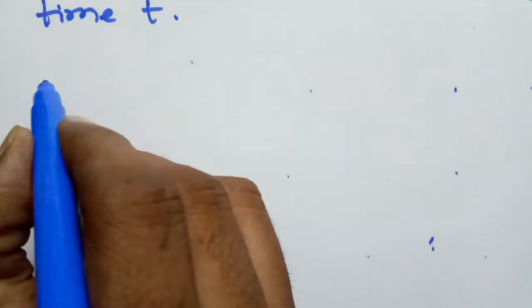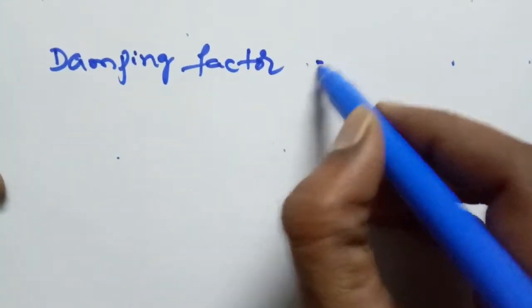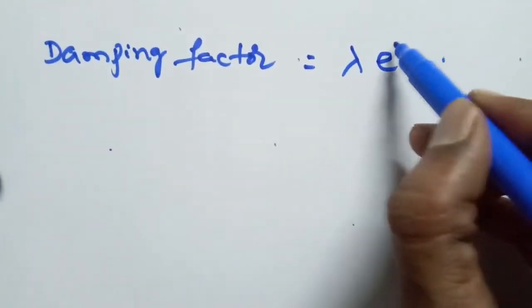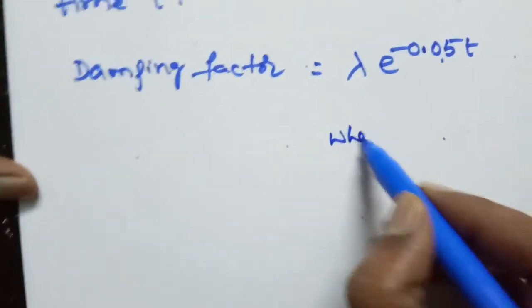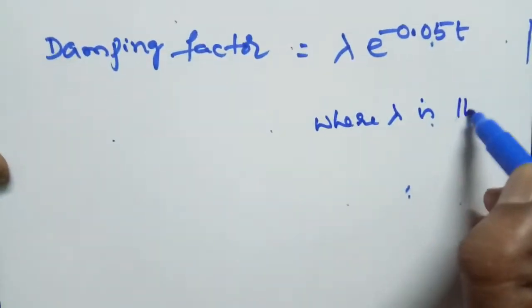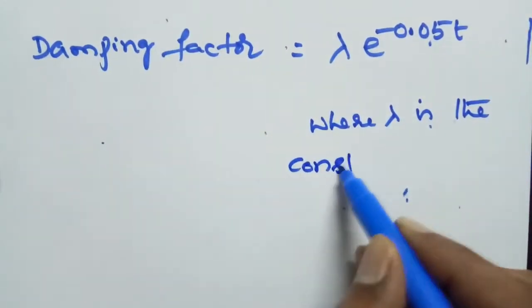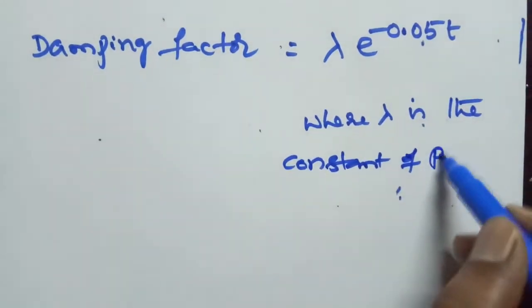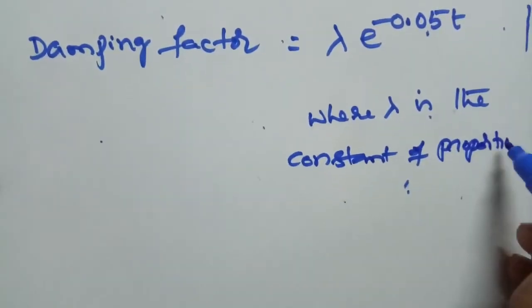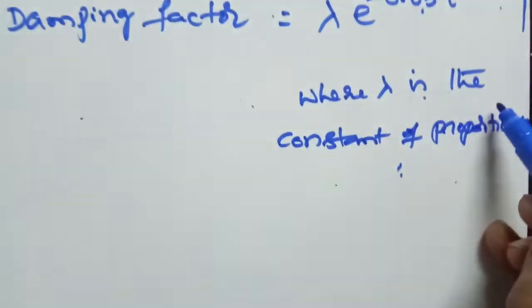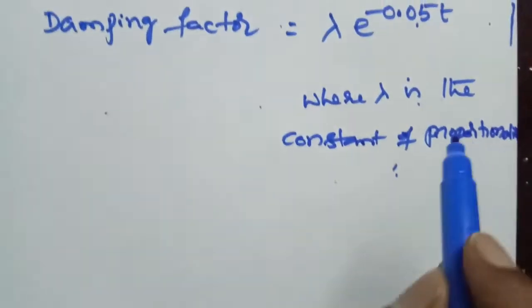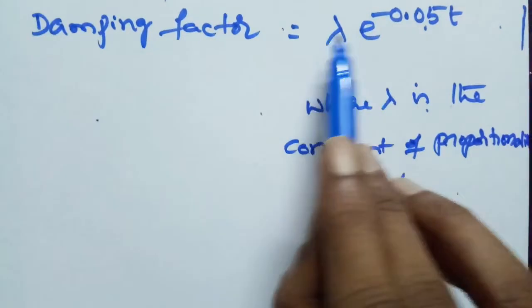So therefore, now damping factor is equal to lambda into e to the power of minus 0.05t, where lambda is the constant of proportionality in the damping force. Therefore, this is the formula for damping factor.